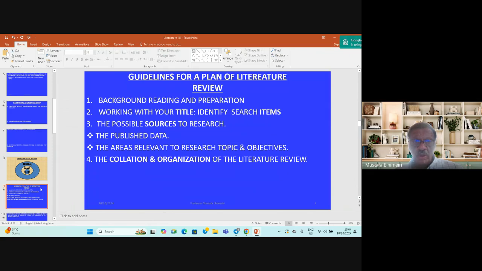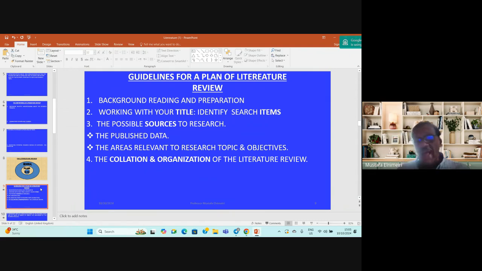And it's important also that we develop some sort of guidelines for a plan of the literature review. You have to have some sort of mini plan of the literature review, in the sense that you have to cite background reading and preparations, which sources you are going to use for finding the general literature or the background information about the topic. And then you have to go for the title to identify, for example, the key items that you need to focus on.